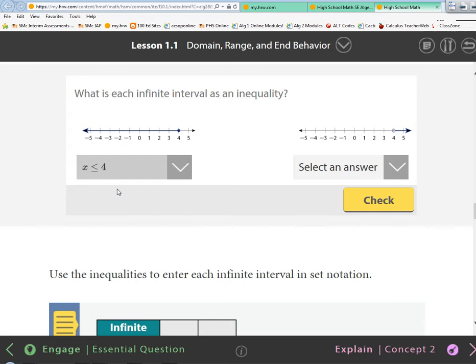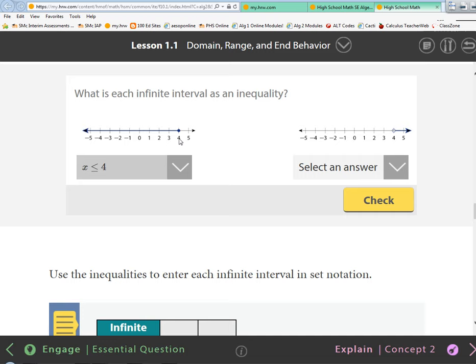Does that make sense? So if we want to include just the part that's graphed, 4 is the magic number, right? 4 is the number that's going to separate the values that are not in our interval from the values that are in the interval. If I want to start at 4 and describe the values to the left of the endpoint 4, remember that a less than inequality means the values that are to the left of the boundary.